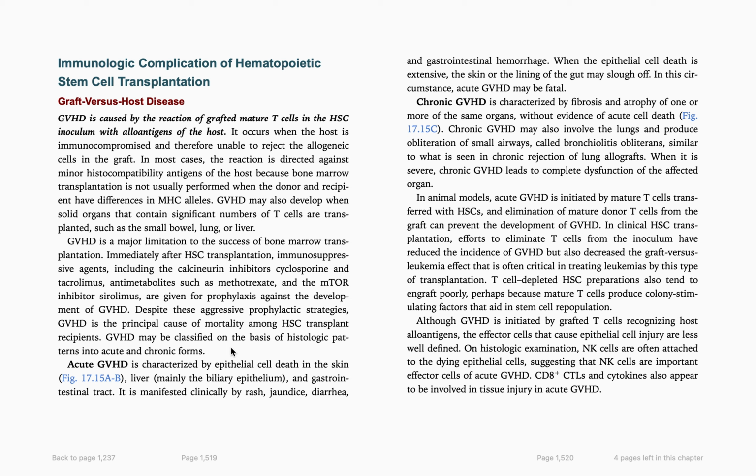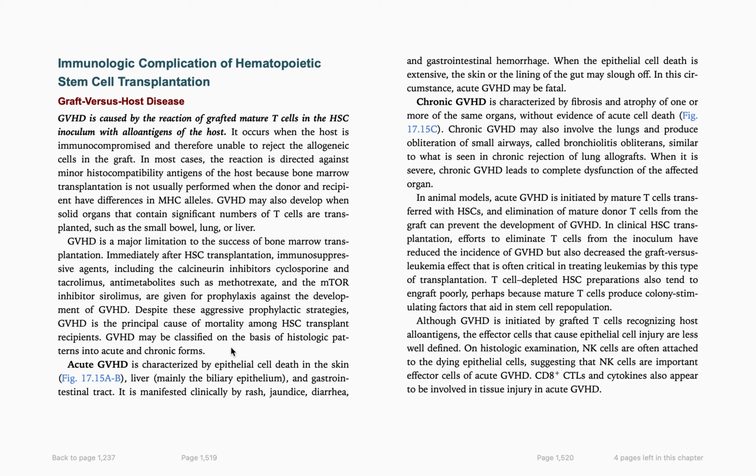In animal models, acute GVHD is initiated by mature T cells transferred with hematopoietic stem cells, and elimination of mature donor T cells from the graft can prevent development of GVHD.